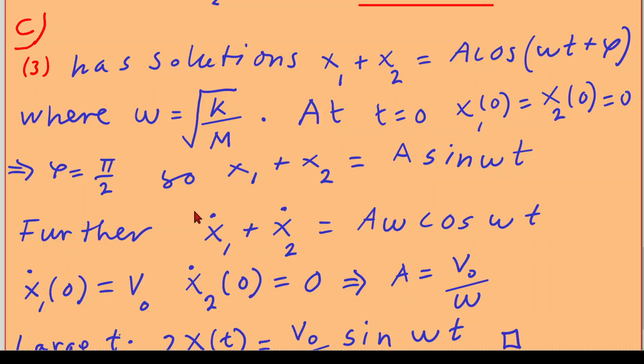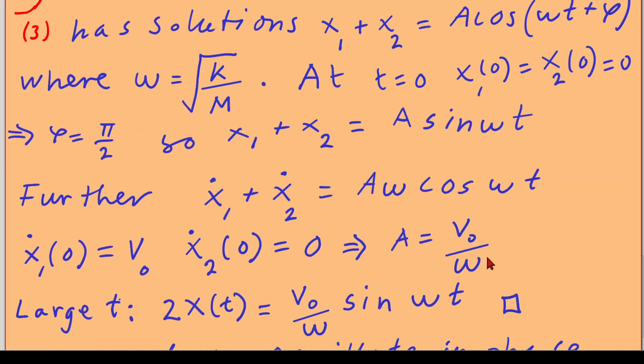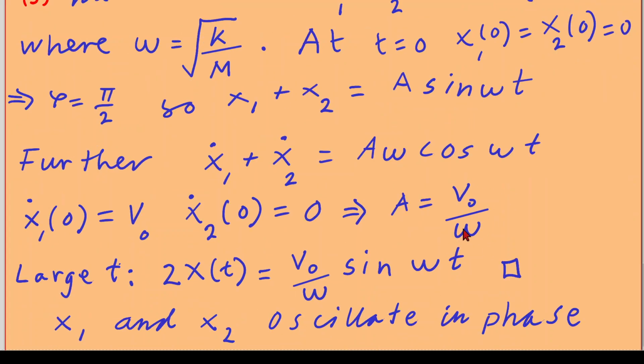So what you have here then is v naught equals a omega, and cosine at t equals 0 is just 1. So, okay, we immediately find out now the amplitude here. That's v naught divided by omega.